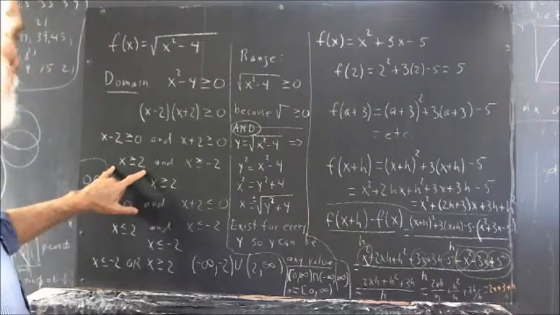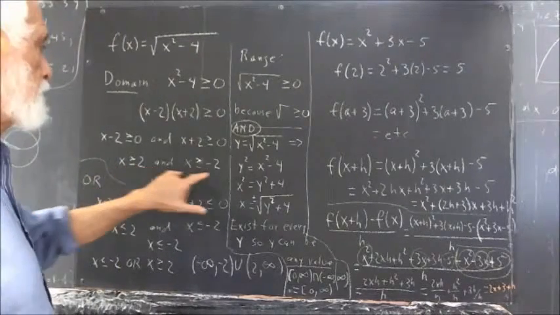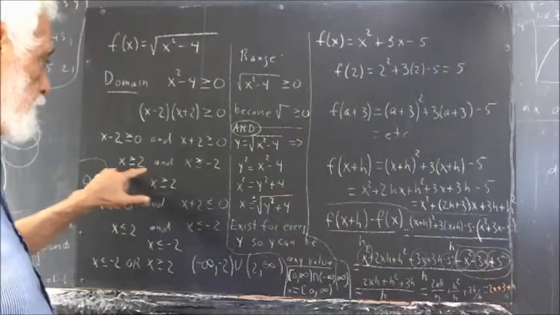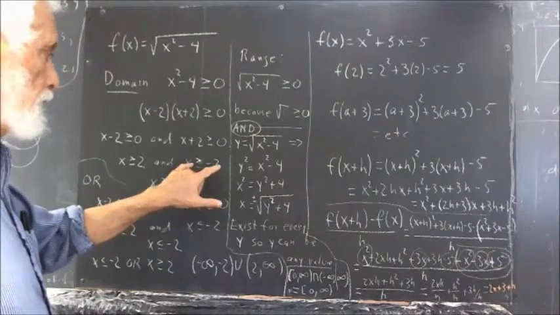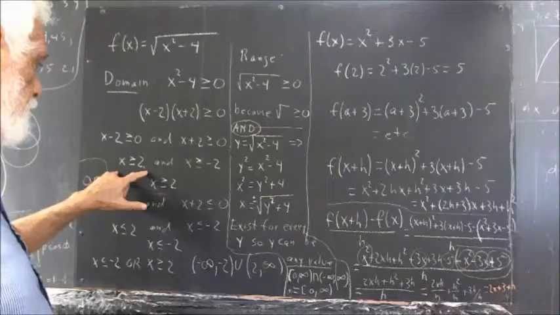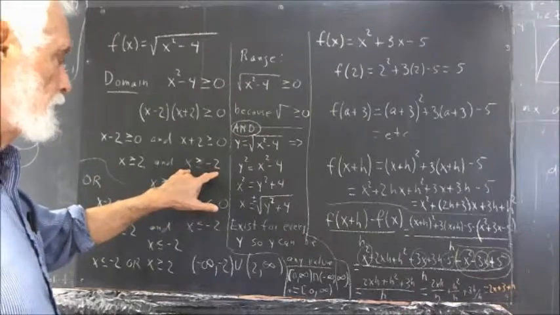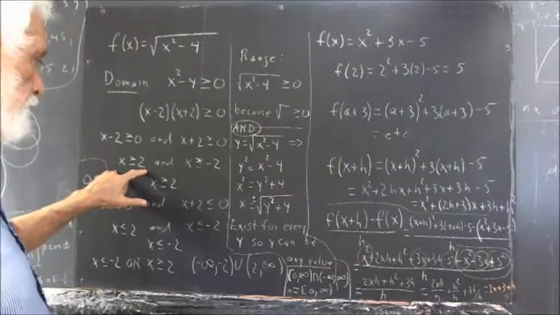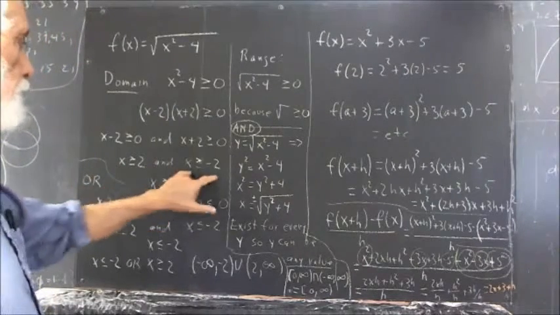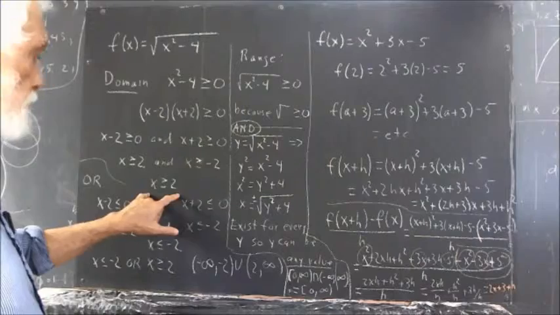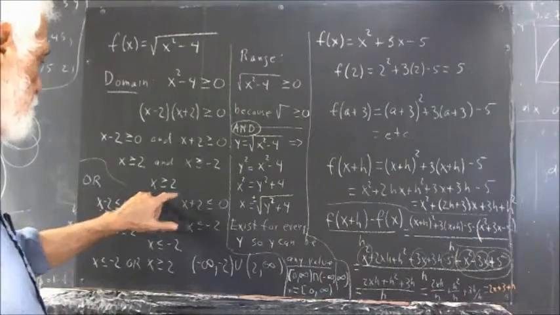So if we put this together with this, we just get this. The first condition covers the second. The second has solutions that aren't in the first. Any solution of the first is a solution of the second, but there are solutions of the second that are not solutions of the first. Therefore, these two inequalities combine to give us just the first: x is greater than or equal to 2.